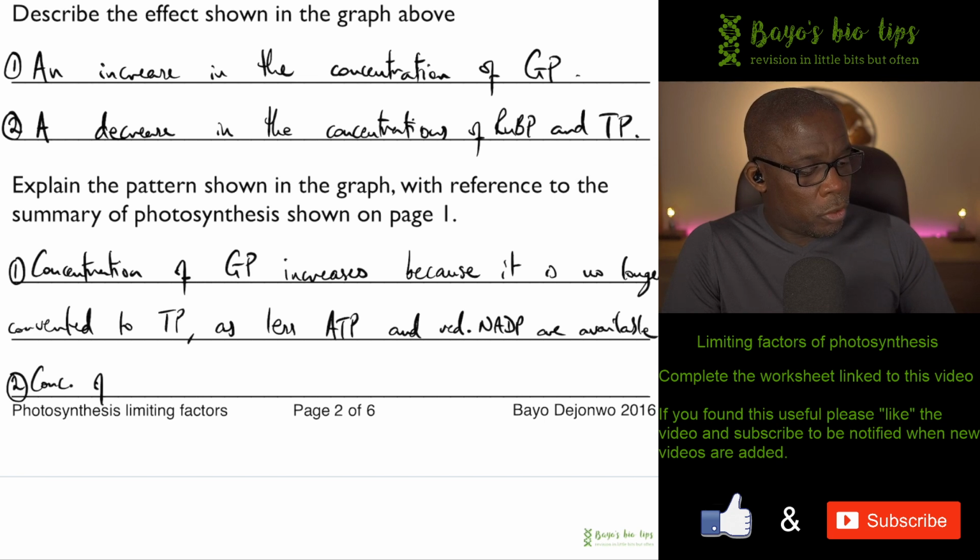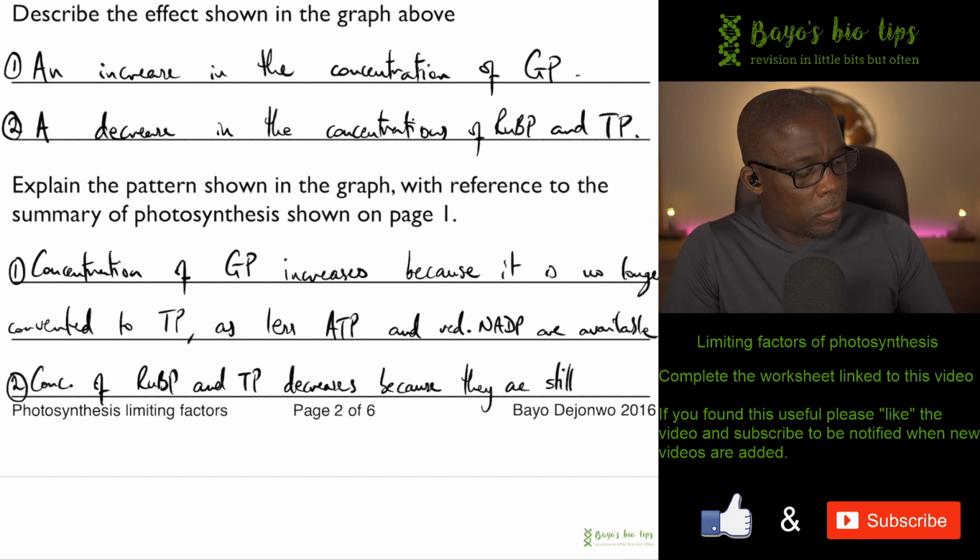So the concentration of RUBP and TP decreases because they are still being converted.